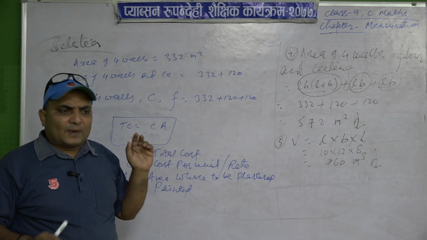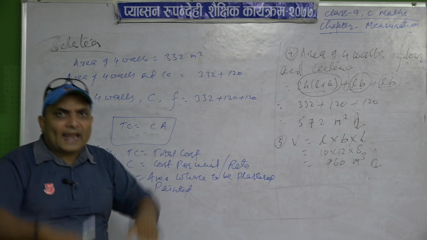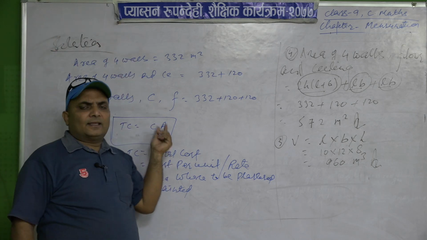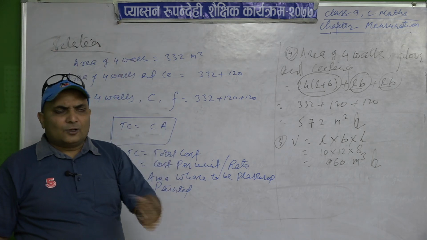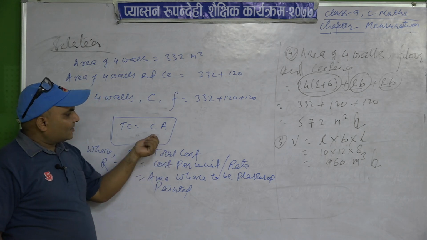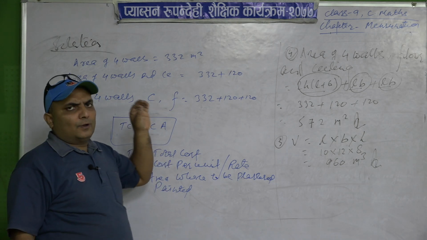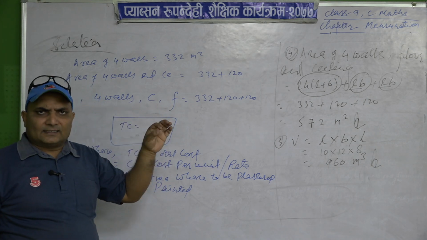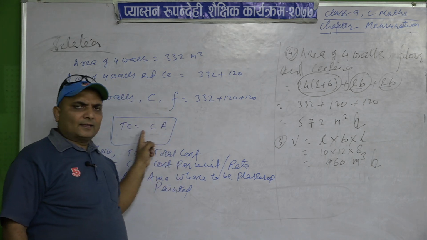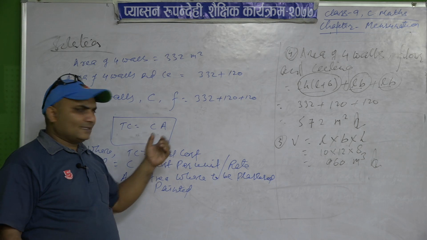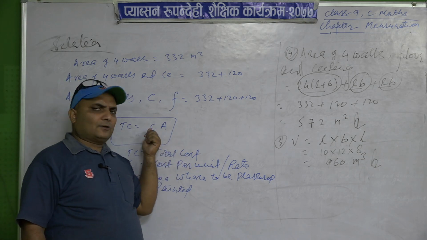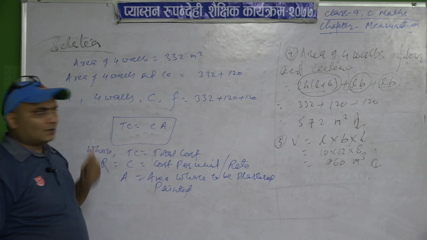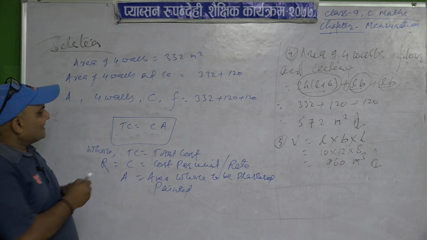Suppose we have to plaster only on floor and ceiling, then this area is the area of floor and ceiling. Okay, you should be very careful that we have to find the area where it is to be plastered or painted, and the cost per unit or rate is given. If you multiply that area by cost per unit, we will get the total cost. Okay, and this is an equation.